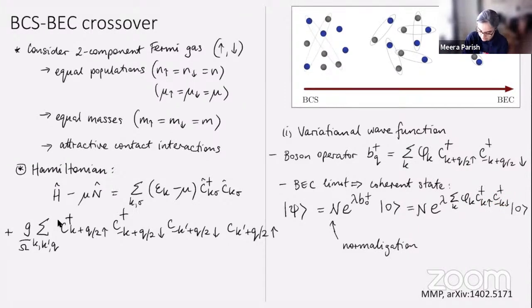So if I have this squared, or any higher power of this, that has to be zero. So I can only keep the first power of these operators, because I can only have one fermion in each state.